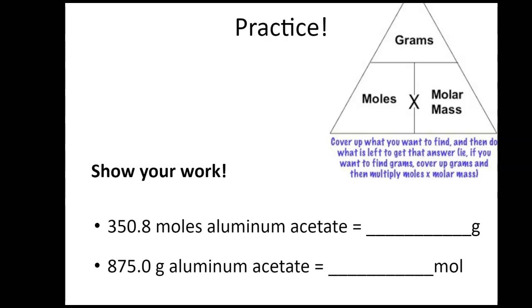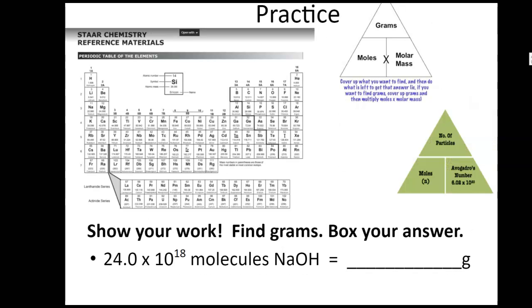Okay, so for the next slide, we're going to have to use two triangles. And as you can see, I went ahead and put both triangles on here, and we're going to have to calculate our molar mass to be able to do this. So we got lots of work to get going. You're going to need to know what the two calculations are.